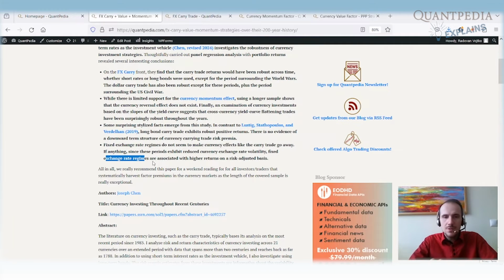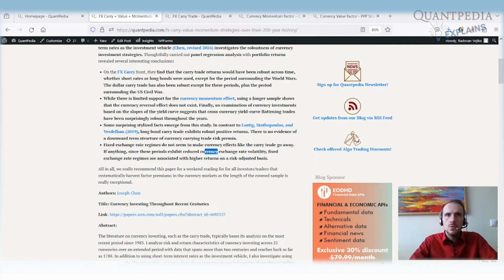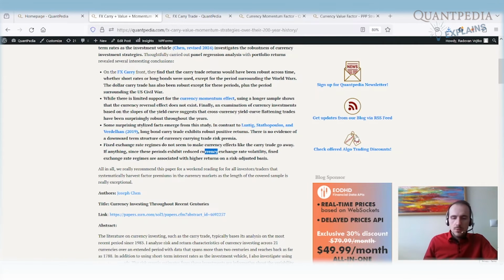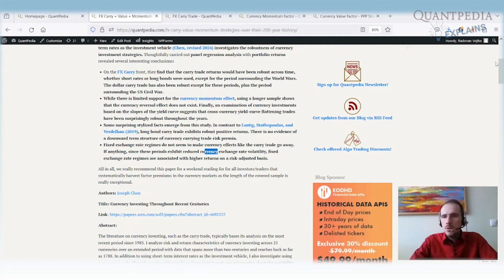Especially interesting is that the carry trade has the highest performance during the time when there are fixed exchange rate regimes. The FX carry is not dependent on the end of Bretton Woods or on floating rates among the currencies, but it works very well also when some of the currencies are pegged or have a fixed exchange rate against each other. That's a very interesting result.